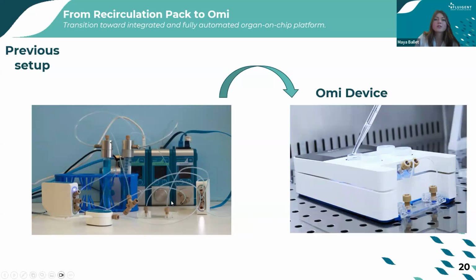You can choose the tubing, the valves, the reservoir, everything that you want. You can also add pressure modules and change your setup if needed. But it requires some space, manual assembly, and I think also a certain level of microfluidics expertise to use it.